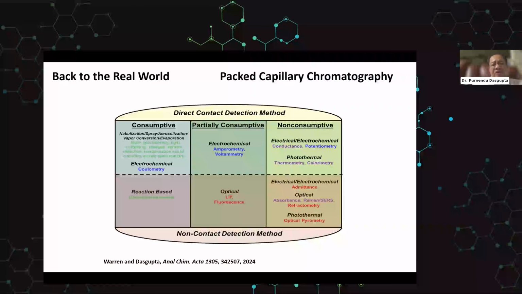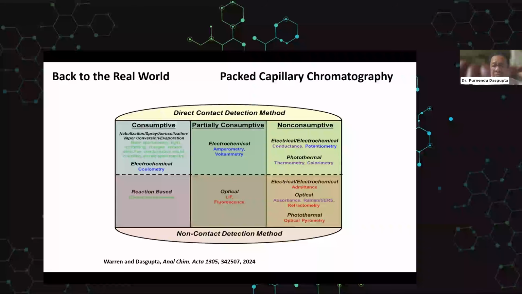And is it going to consume the analyte? If it's going to consume the analyte, then you may not be able to use other detectors after it. Some will completely consume it. Some will consume it partially. You probably need to know how much it consumes before you draw too many conclusions on the detector that comes after it.